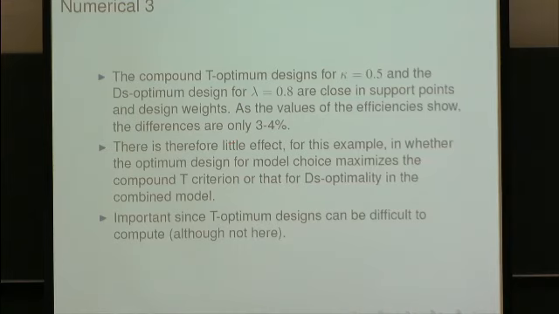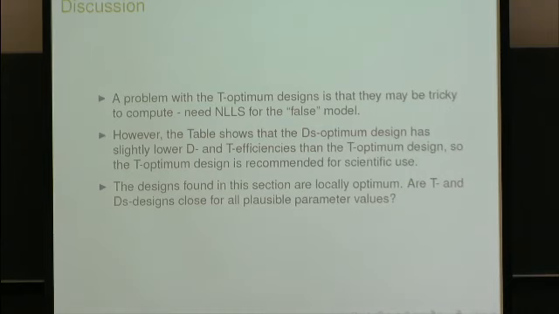There is a little difference in this example whether you use one criterion or the other, and this is important because in some cases these T optimum designs you have to postulate a model, and then you have to postulate a design, and then you have to use nonlinear least squares to fit the model to the expectations from the other model, and this can be numerically tricky. Okay, that's this bit here, isn't it?